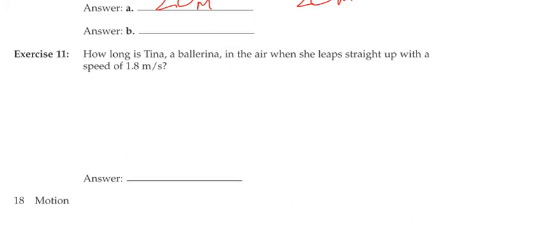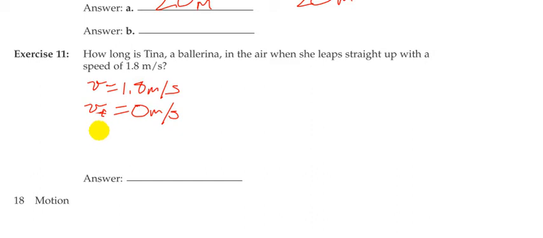This one is a question that's looking at hang time. We have a ballerina who has an initial velocity of 1.8 meters per second. When she jumps up, she's going to reach a height, and at the top she's going to be standing still, so her velocity at that point is 0 meters per second.